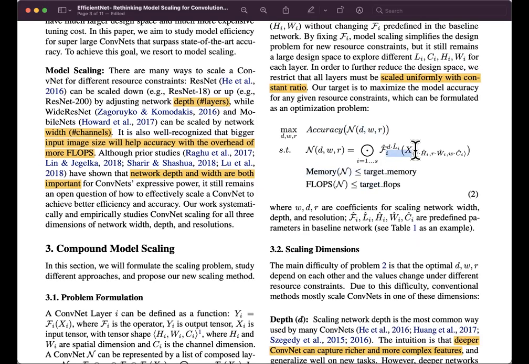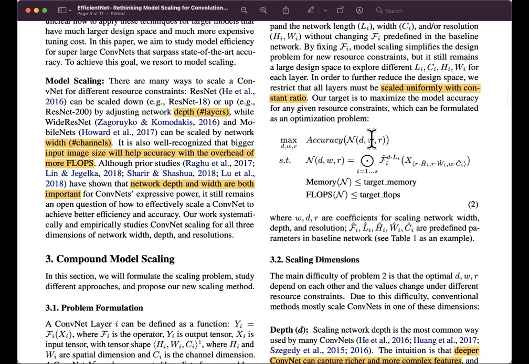Here is the representation of the layers and the tensor in each layer, in terms of height and width, which is the resolution, and the number of channels, which is the width. And L is the number of layers, which is the depth.